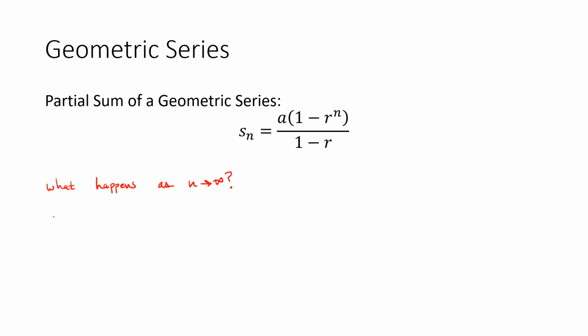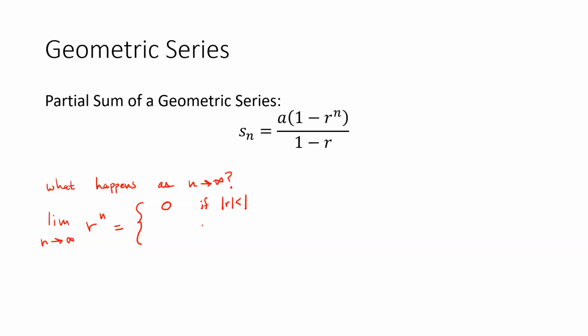And one thing we can remember here is if I'm taking the limit as n goes to infinity of, say, r^n, we've seen this before, there are several possible outcomes here. For instance, we noticed that if r is less than 1 in absolute value, then we know this limit will be 0.